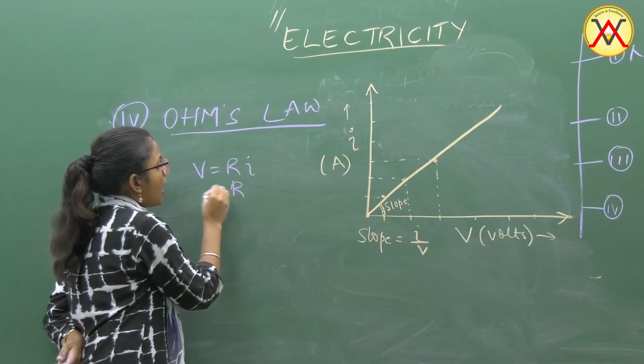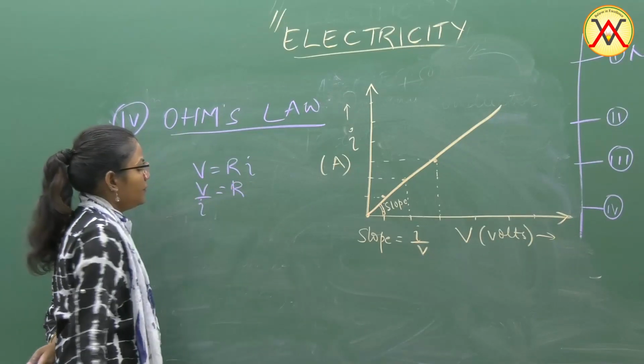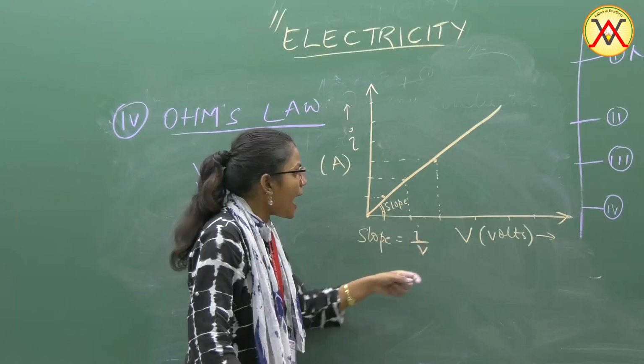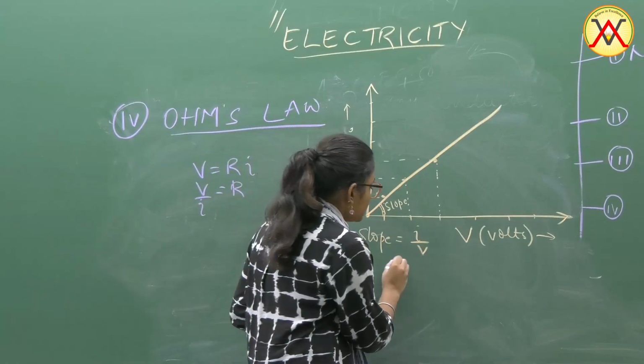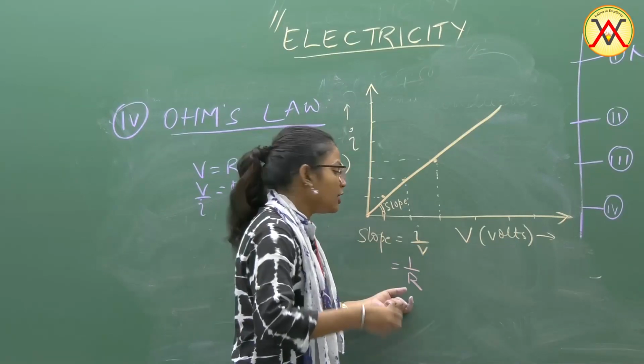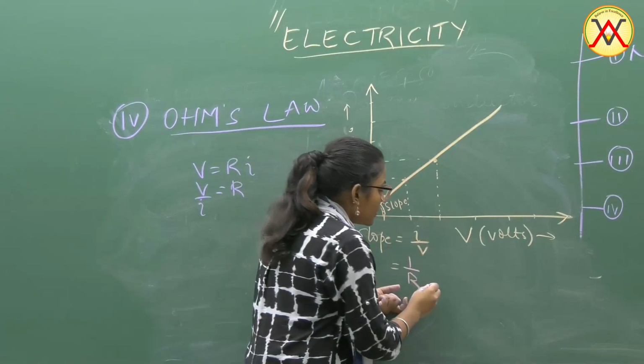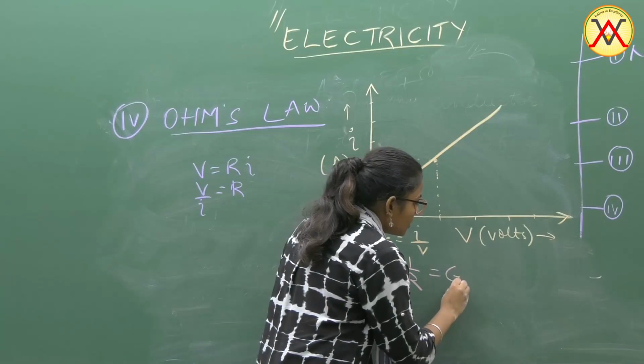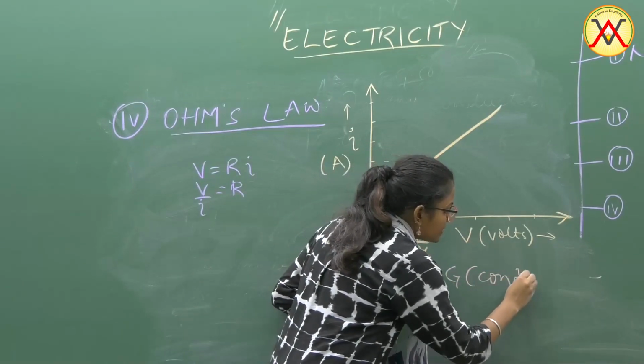That is, R would be equal to V upon I. So, slope I upon V means this is 1 by R. In actual practice, slope of our Ohm's curve gives G, that is conductance.